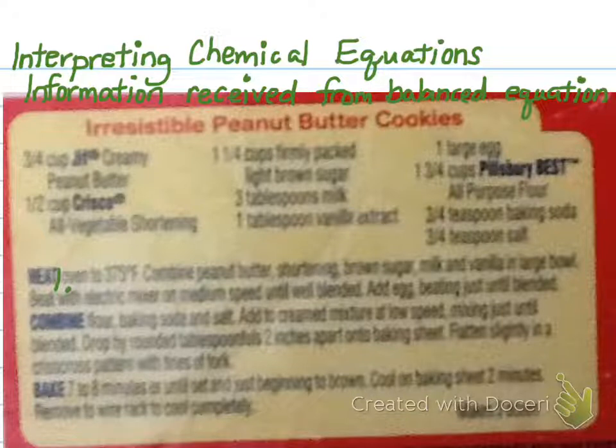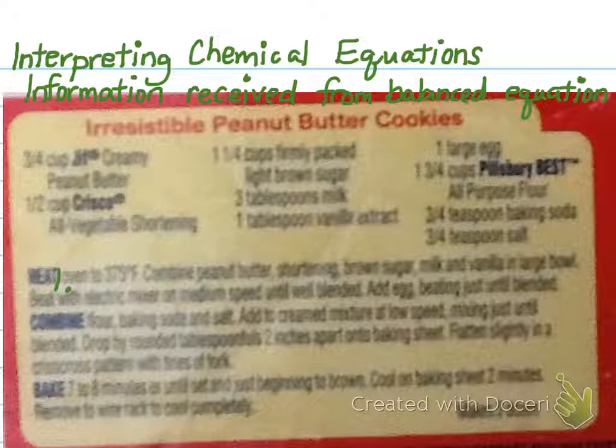So you need 6 dozen cookies. What would you do to this recipe? You wouldn't follow it the way it is. You would double this recipe, and so you would double the amounts of everything that you need. That's a stoichiometric calculation, okay? Because you want to produce twice as much, you know that you need to double the recipe.